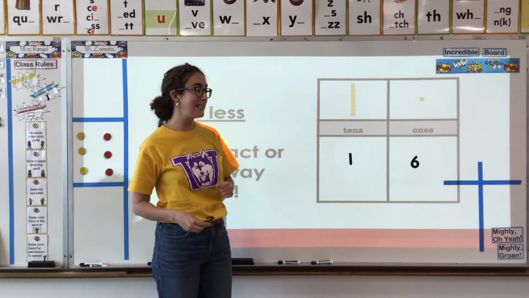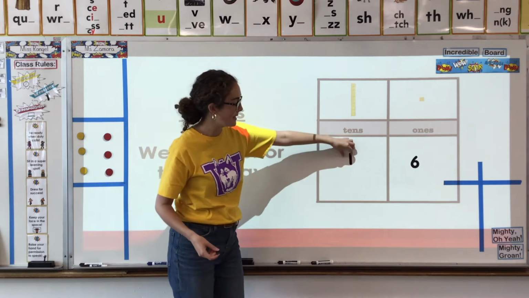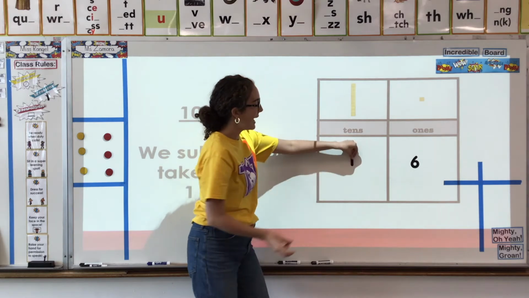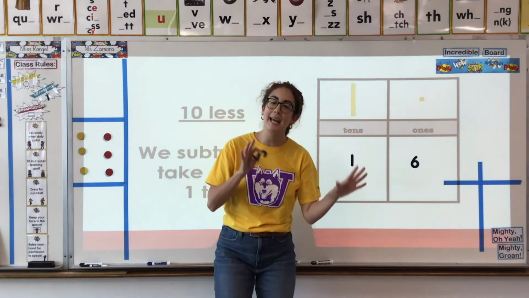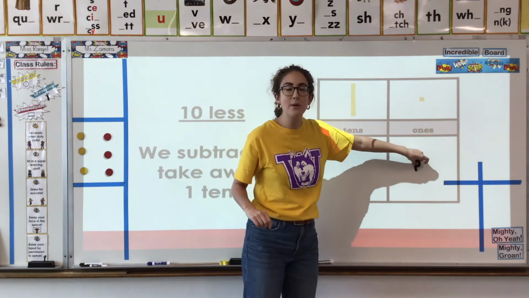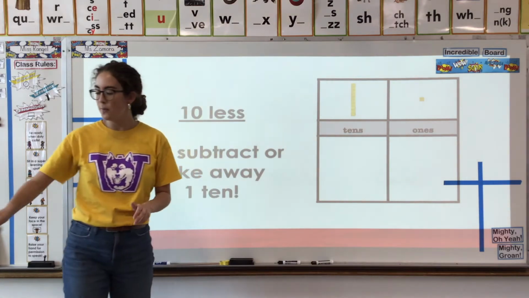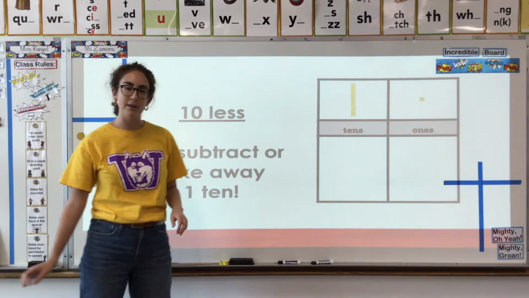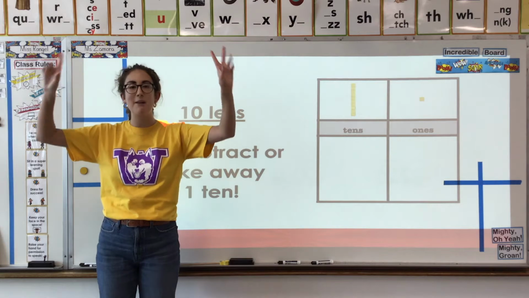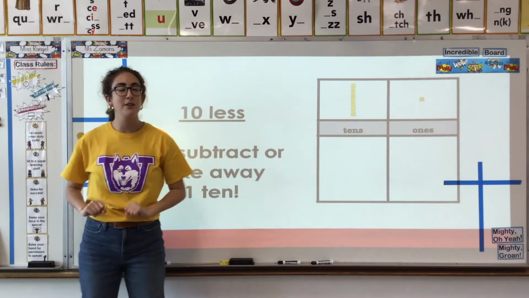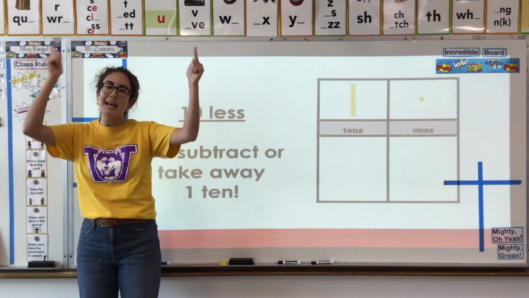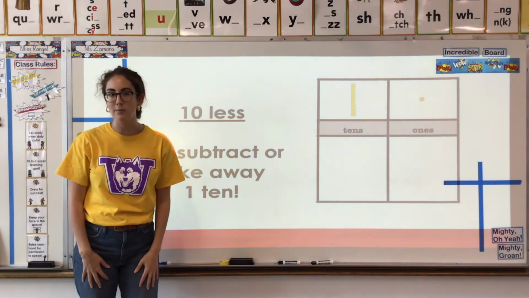So the number 16 is 10 less than 26 because we took away a 10 and we're skip counting backwards. So these are what these vocabulary terms have to do with our skip counting knowledge. If we're talking about more, we're giving value and going up the number line. If we're talking about less, we're taking away value and going down the number line as we count.